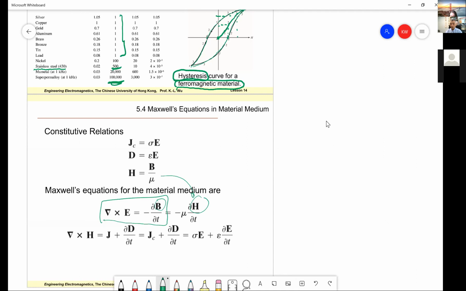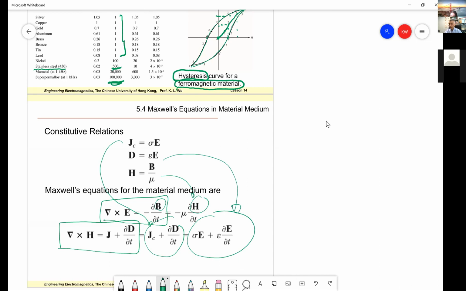We have Ampere's law, in the same form as free space, but however, D and the current J are related by this relation, and D and E are related by this relation. So this is a more general description of Maxwell's equations inside the material.